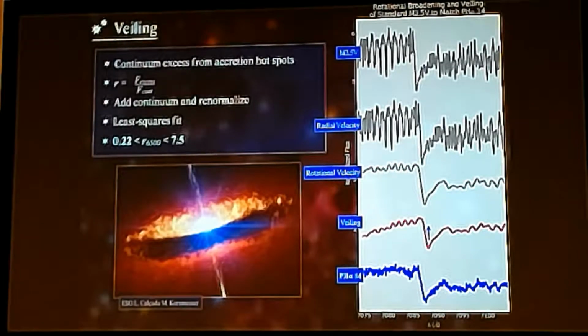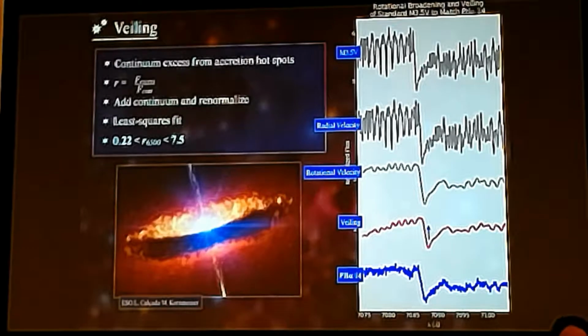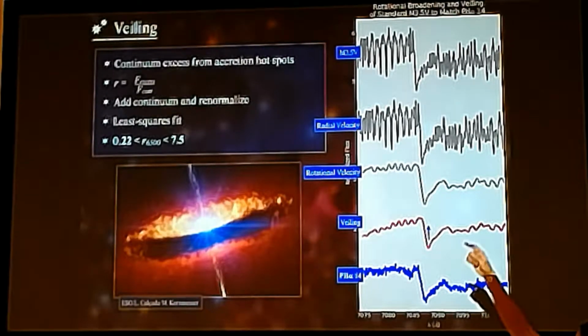Okay, the veiling. So this is that extra light that we get from accretion. We measure this by just adding extra light to the spectral standard and then renormalizing until all the features are sufficiently shallowed. Okay? So just so you can see, there's the formula all the way up there.